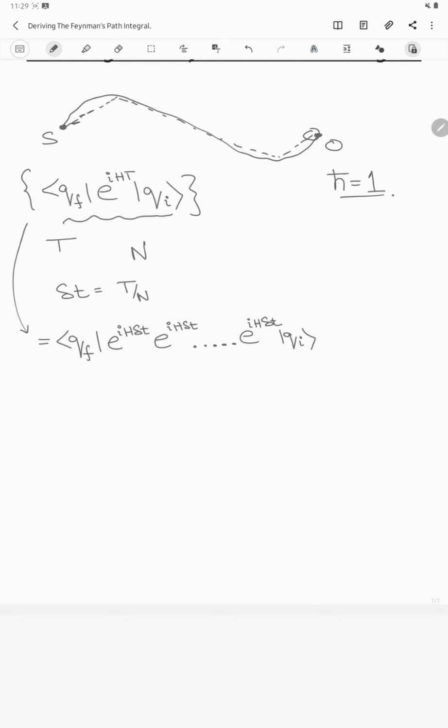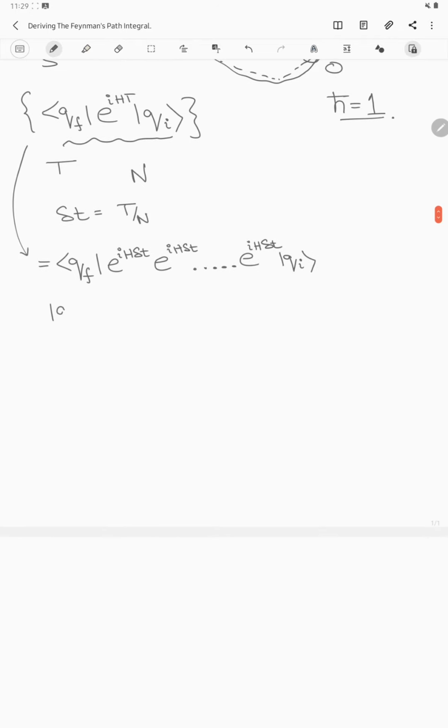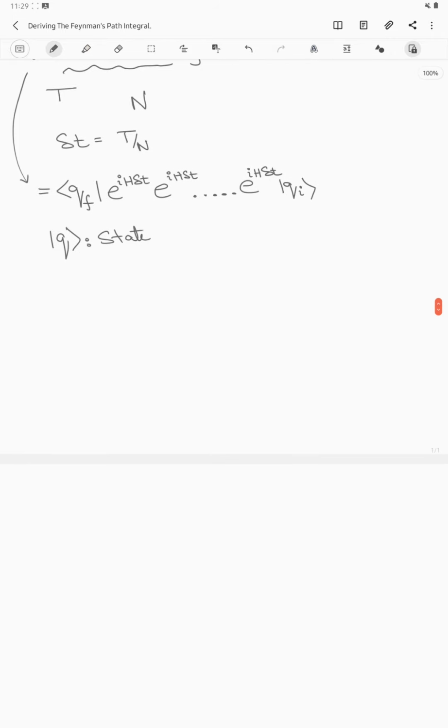Now recall, what is q? This ket q is just the state of the particle, right? So it's just a state of your particle. So what that means is that this state q should form a complete set of states. What that means is that if I take this integral dq of this outer product |q><q|, it should evaluate to 1.